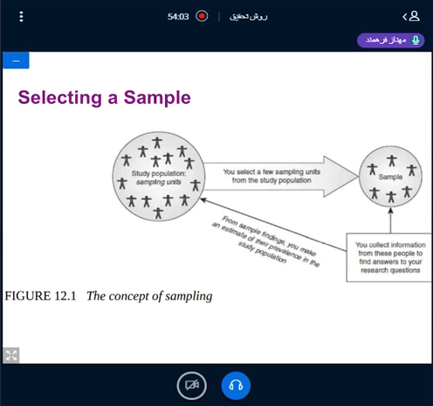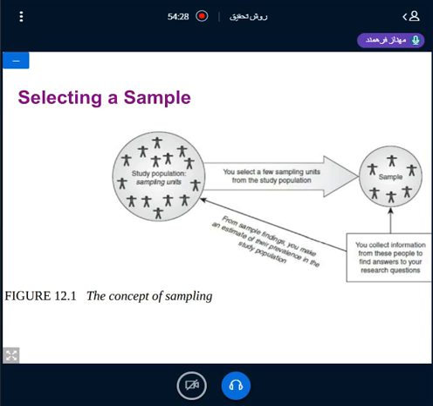Selecting the sample: in some disciplines, for example in biology and microbiology, that most of you, I think, are microbiologists, you must select a sample for your data. So in some disciplines you have to select a sample.